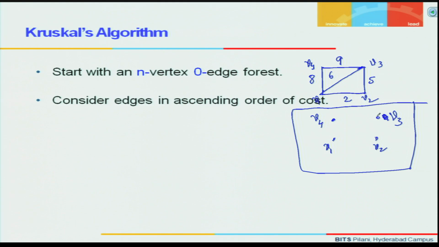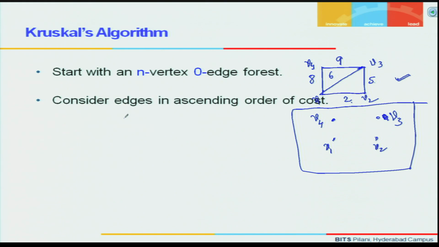Now what it advocates is to put all these edges in the increasing order of their costs. What I mean is, first this edge V1, V2 will be there, because it has the minimum weight 2, then 5 will be there, then 6 will be the next minimum weighted edge, then 8, then 9. Put all the edges in increasing order of their costs.